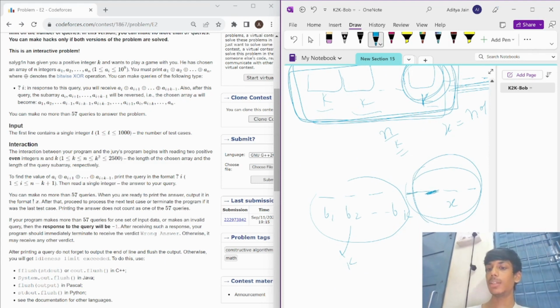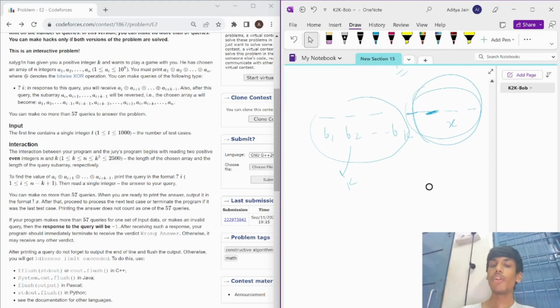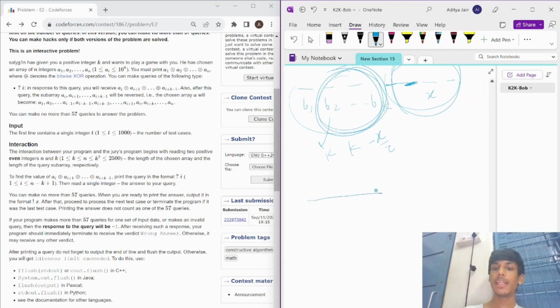Clearly x is even. Now what you will do is, from these k elements, you will take k minus x by 2 elements. So from this segment, this was the last segment, you took k minus x by 2 elements from the last segment, and took x by 2 elements from the remaining x elements.